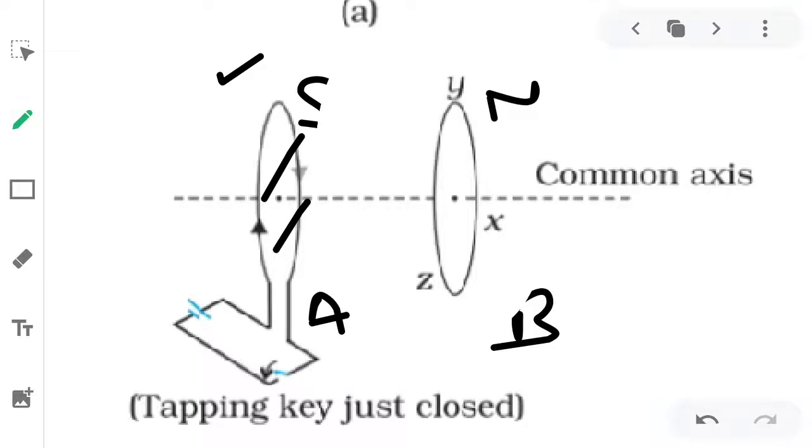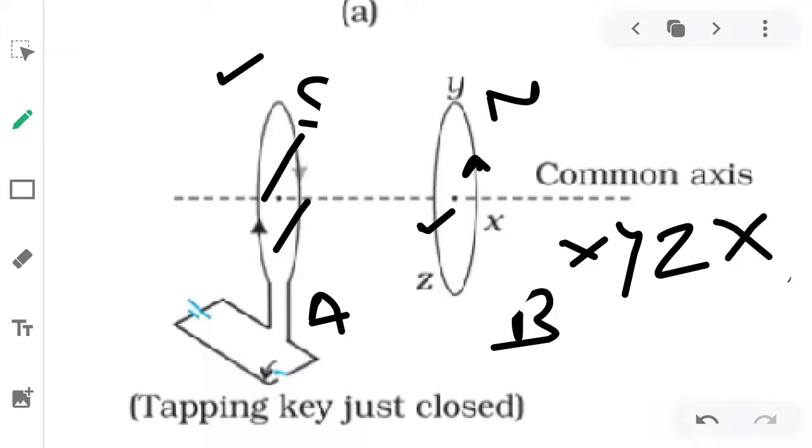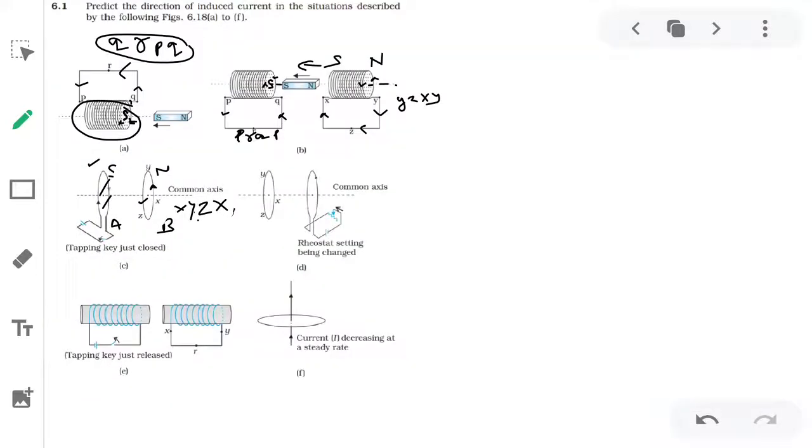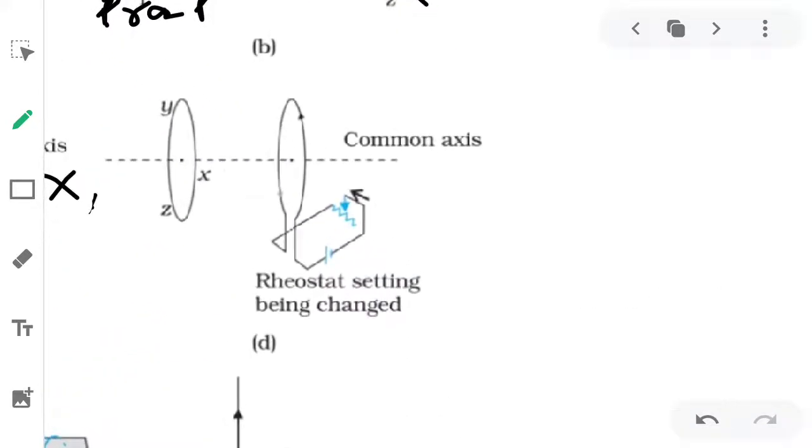North means it will be anti-clockwise direction. So the direction will be x, y, z, x. If you think properly in the proper direction, you always get the answers.